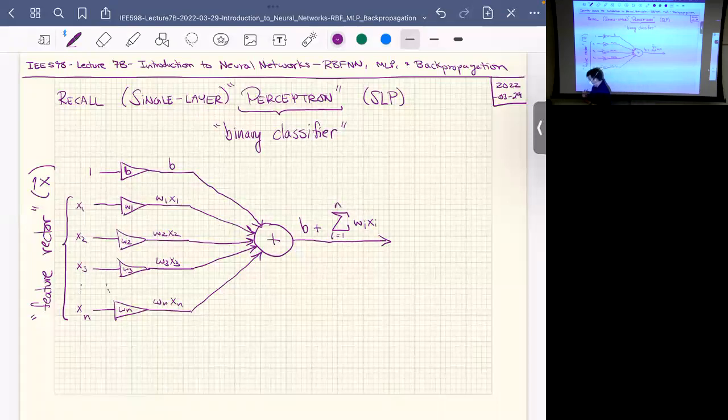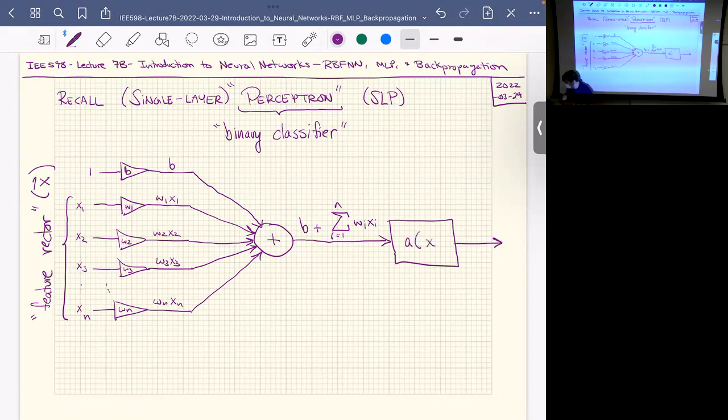And then those things go into an activation function, which today I'll use A for. I'll say A of x bar, so I'll call this thing x bar. And this here is our activation function.